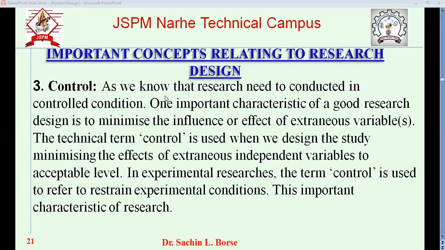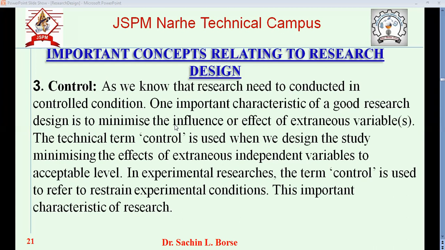As we have already seen, one characteristic of research is that it is conducted in a controlled condition. One of the important characteristics of a good research design is that we have to minimize the effect of the extraneous variable, because it can cause a change in the dependent variable.